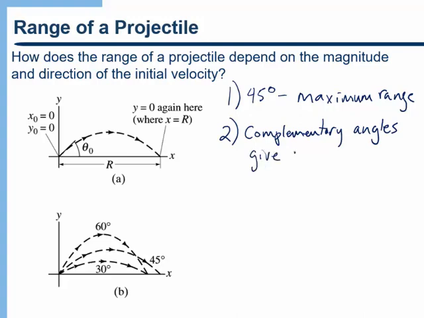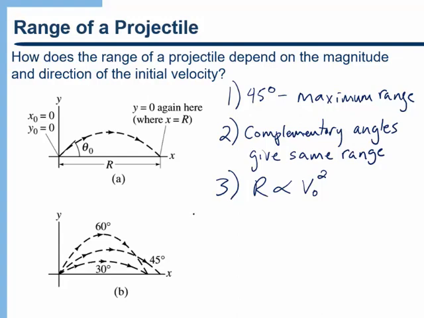And remember, by complementary angles, we simply mean angles that add up to 90. So if I shoot it at 30 and 60, like in our diagram there, they would have the same range. The third thing that we just claimed is that the range is directly proportional to the initial velocity squared. So however I change the initial velocity, the range is going to change as the square of that.